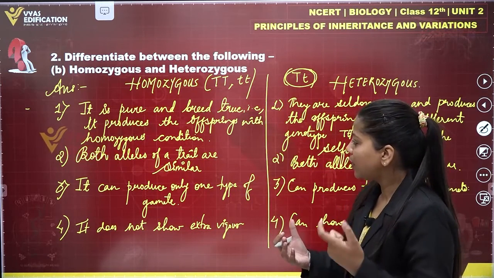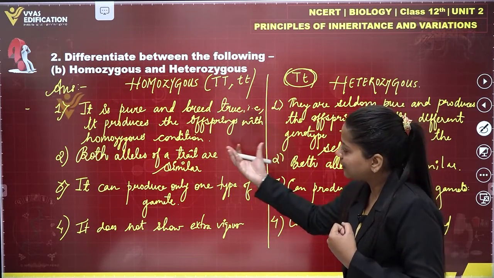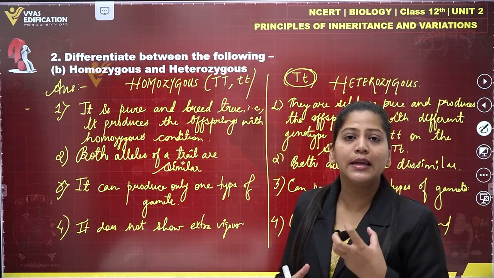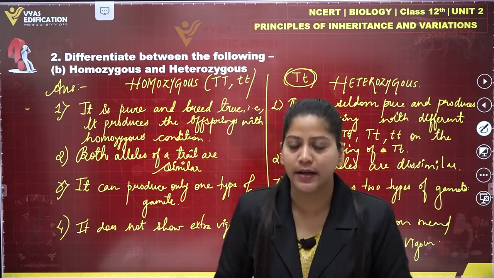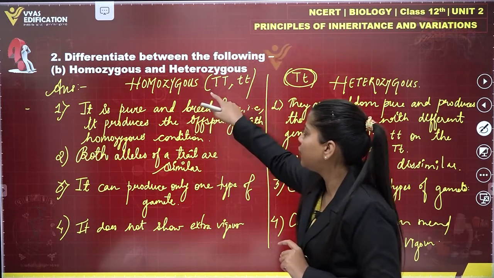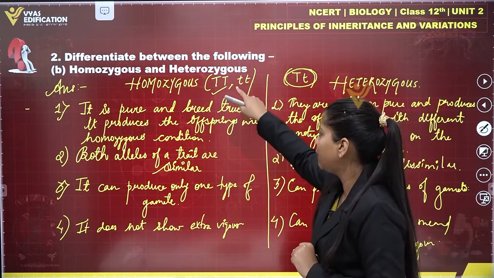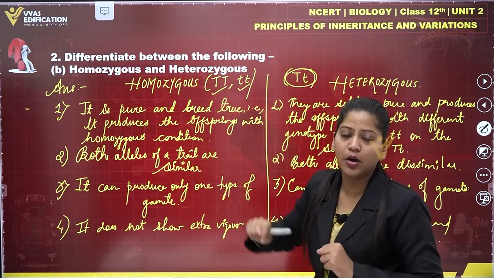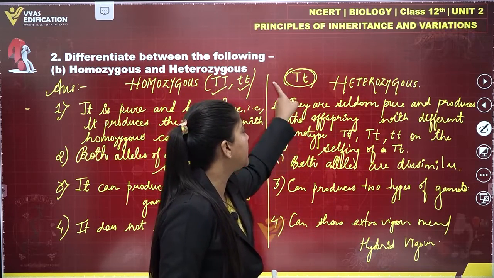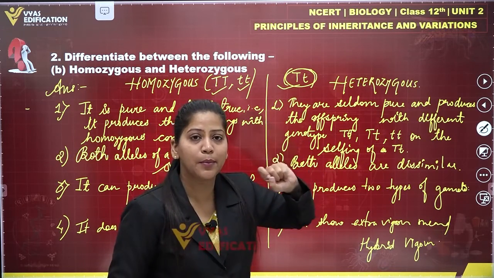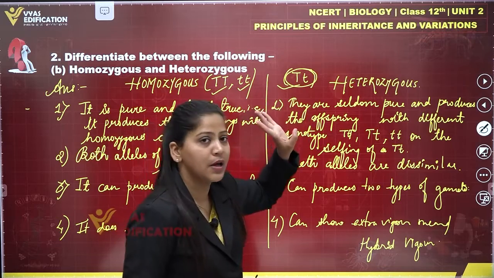Also, there is one more difference: the homozygous condition can have either dominant alleles or recessive alleles, whereas the heterozygous condition contains both types of alleles, dominant and recessive.